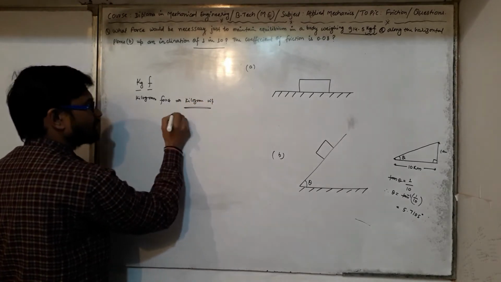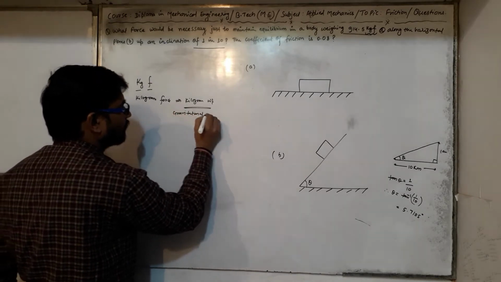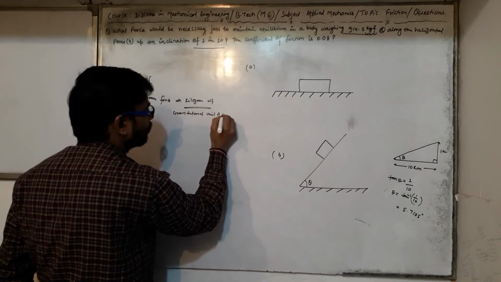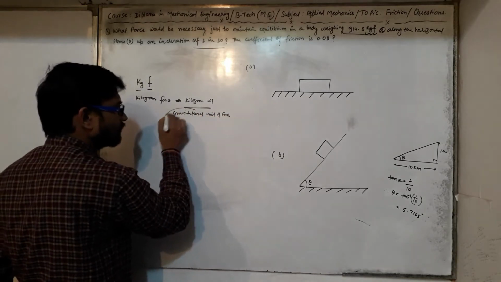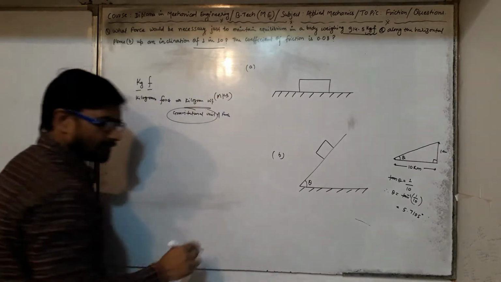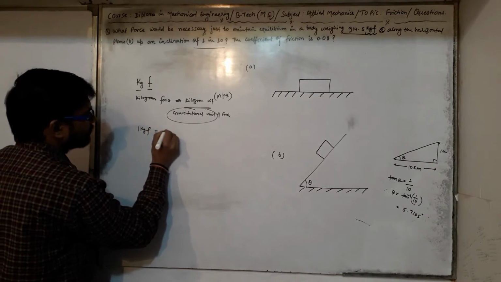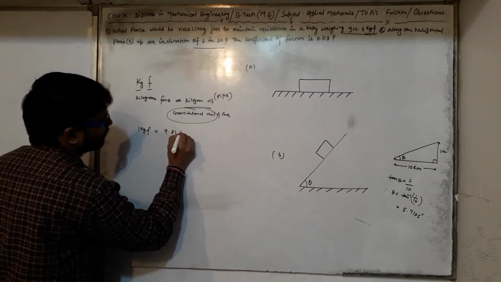This is the gravitational unit of force in the MKS system. If you change it, then 1 kgf is equivalent to 9.81 Newton.